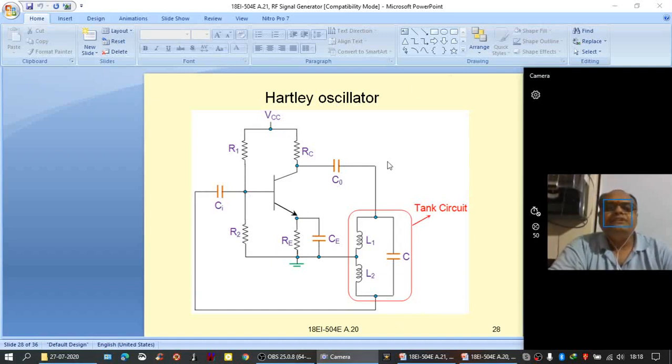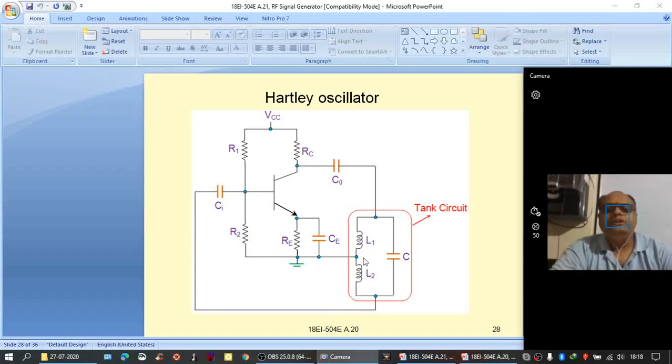Similarly, in high frequency applications, the Hartley oscillator is used to produce stable and distortionless signals. So this is the circuit, and here a portion of the output is applied as input.